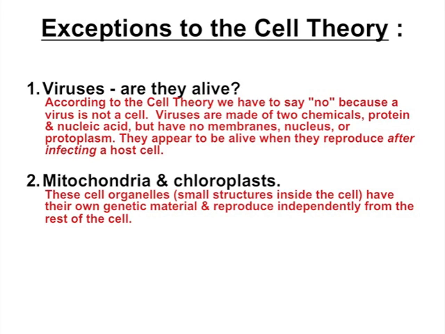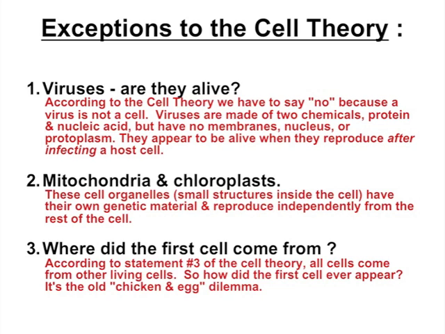And the last exception to the cell theory, one that you may have thought of yourself when we were talking about the third statement of the cell theory, that new cells come from existing cells. Well, if all new cells have to come from existing cells, where did the first cell or the first cells come from?